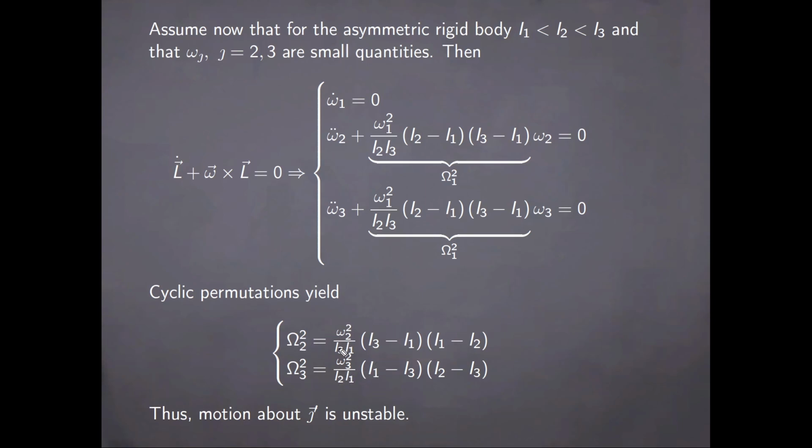So this being negative, it means that the complex exponential describing harmonic motion in fact becomes a real exponent. So the motion is unbounded, and in other words, it is unstable about the intermediate axis.